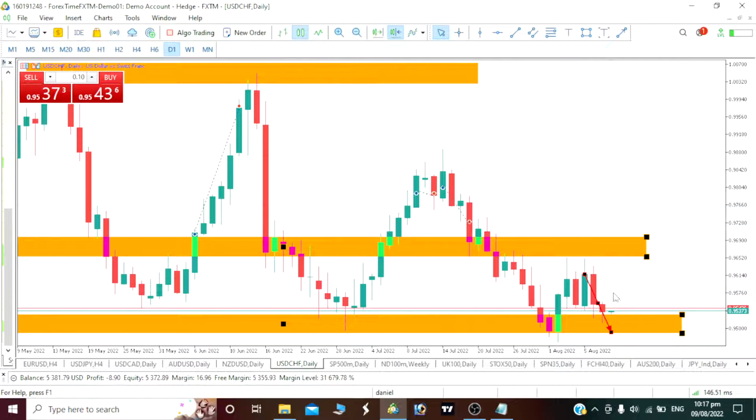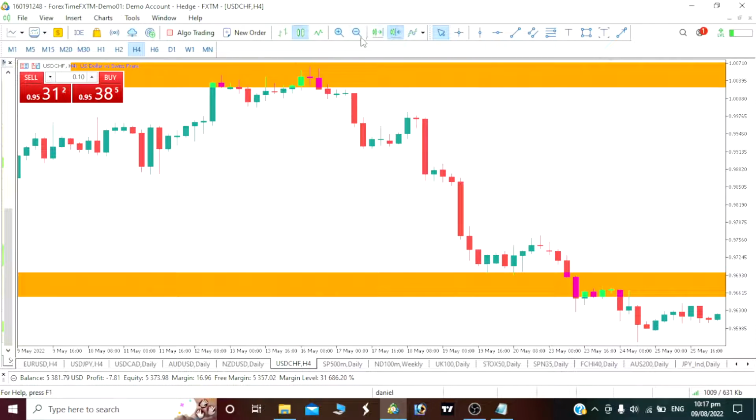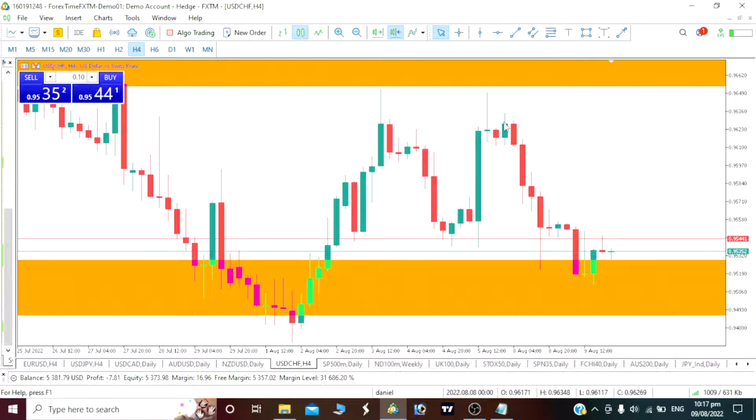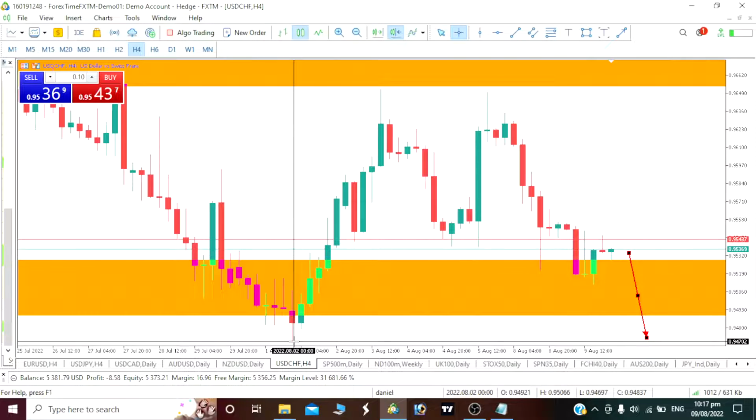But as we can see now, our USD Swiss franc is actually on a downward trend. If you are to sit on the 4-hour time frame, we can see the impulse move, a correction, impulse move, and we are having a correction. We're very much likely to see that impulse move down to this liquidity area, which is about 0.94702. So watch out for it.